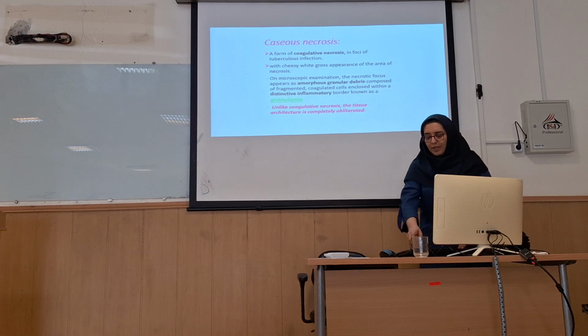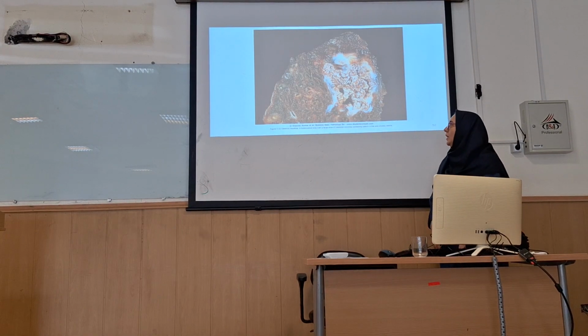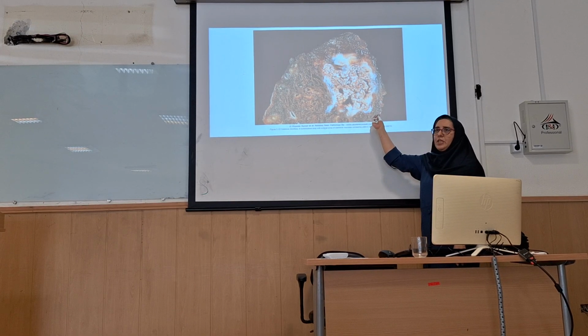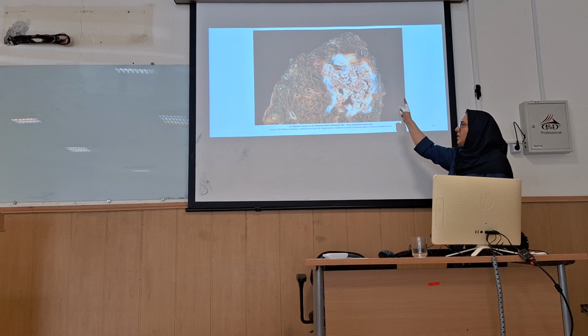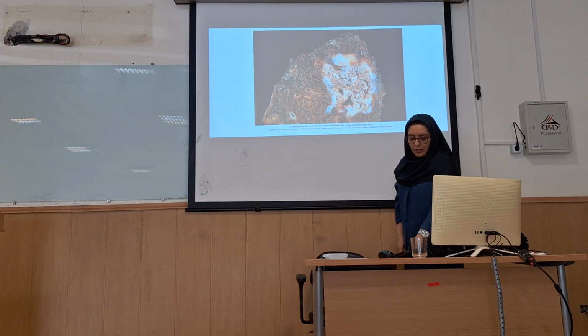Then it forms a granulomatous reaction. In this figure, we have caseous necrosis, cheesy material, fragile, cheesy and white discoloration in the central granuloma in the lung after TB infection.